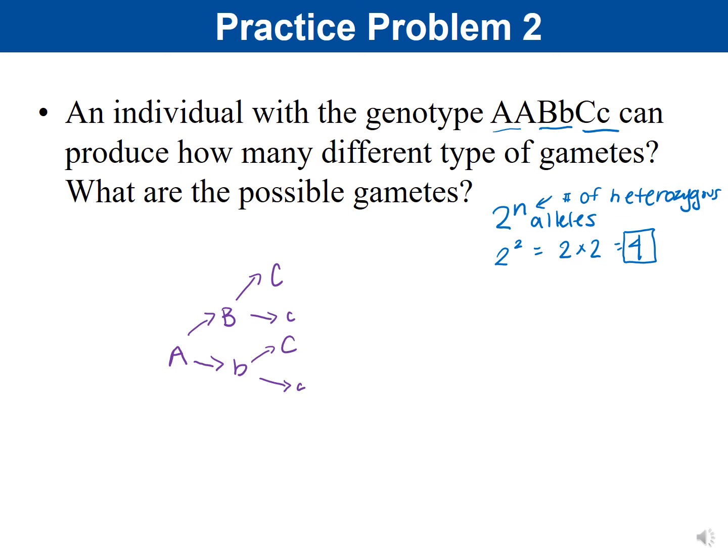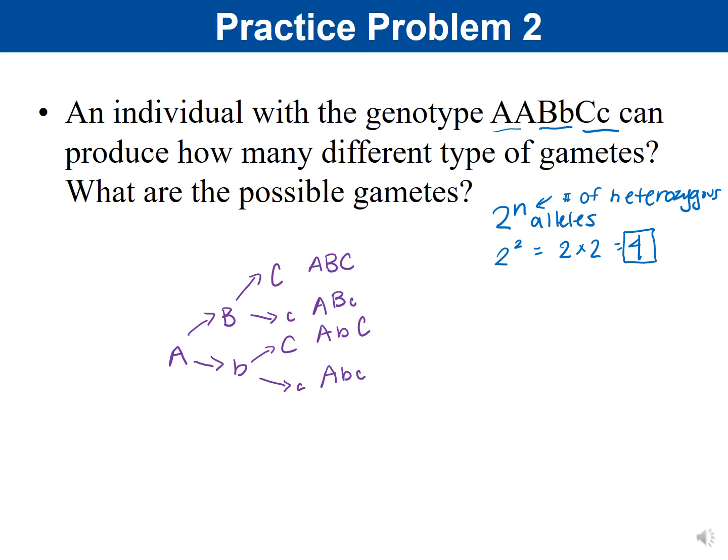So if I write out my possible gametes, I just follow along, starting at the top and working my way down. Big A, big B, big C. Big A, big B, little c. Big A, little b, big C. Big A, little b, little c.